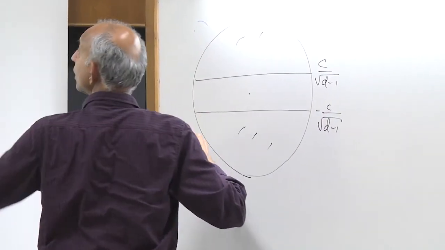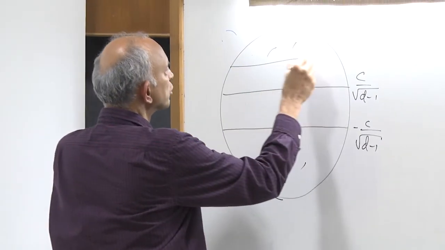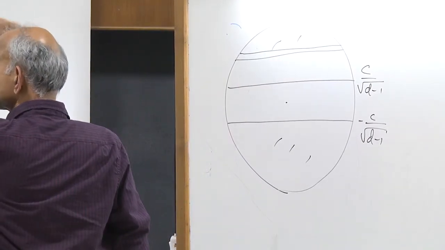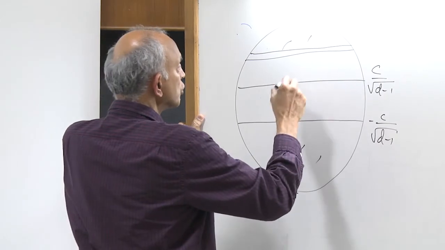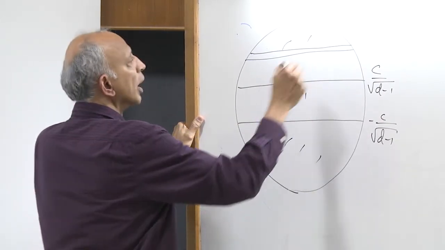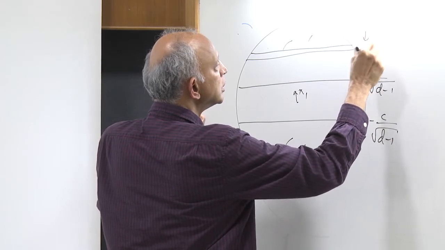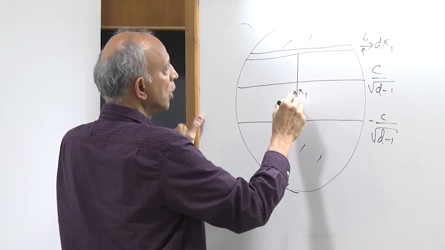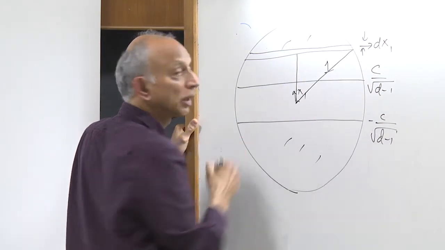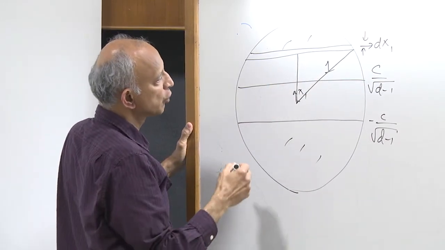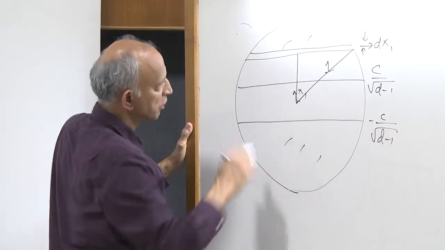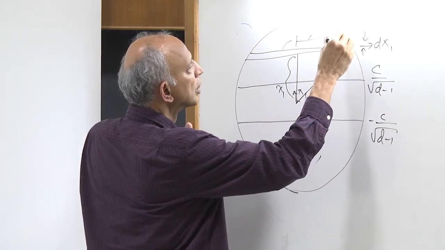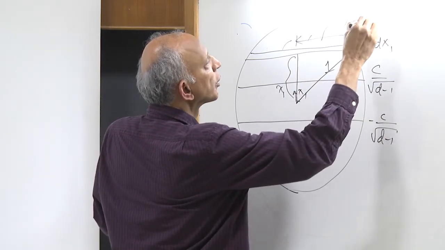I'm integrating this. I'm taking slabs and integrating, so this is a slab. And this is x1. This is dx1. And the volume of this slab, what is it? So this is radius 1. So little geometry here. This is radius 1. This is just basically planar because all dimensions are symmetric. And this is x1. So this is square root of 1 minus x1 squared.